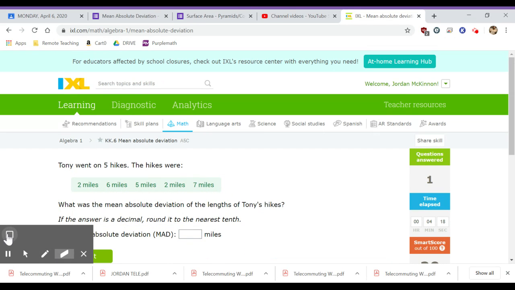So let's do another one. We're doing the exact same thing on every single problem. So my very first step is to find the mean of these original data values. So I'm going to do 2 plus 6 plus 5 plus 2 plus 7.